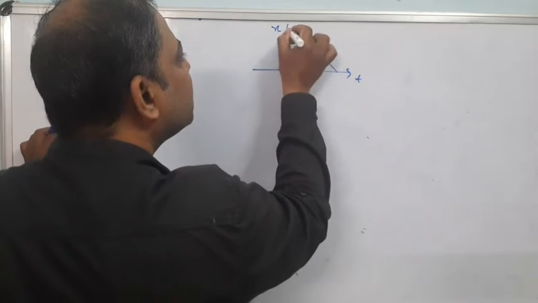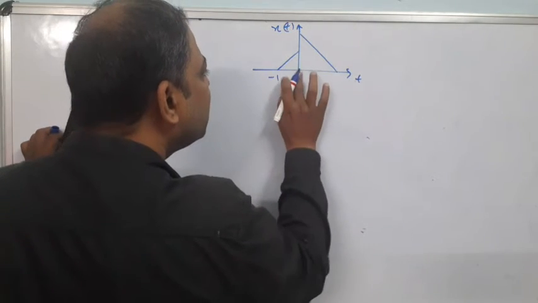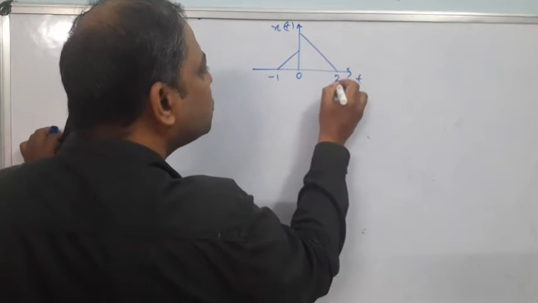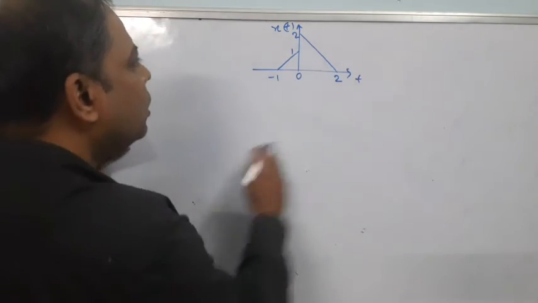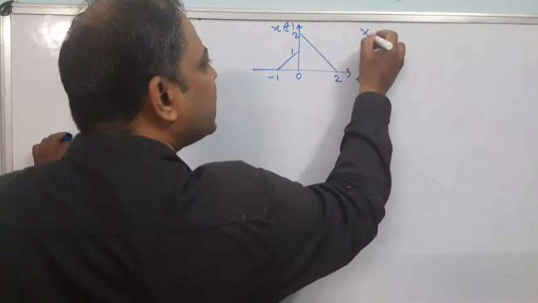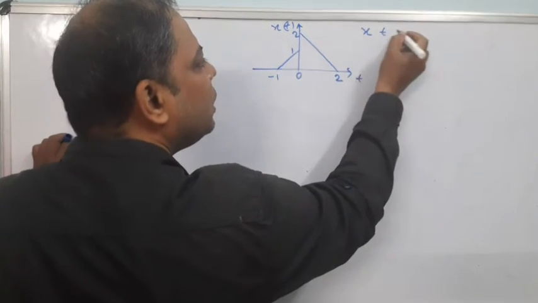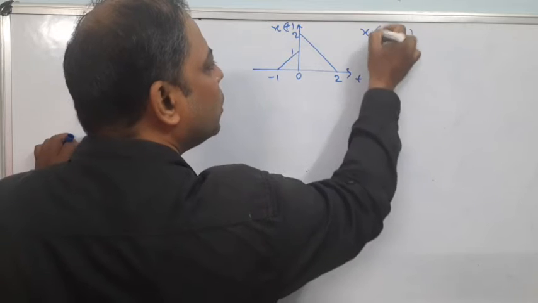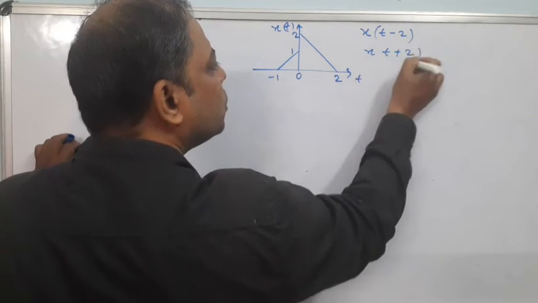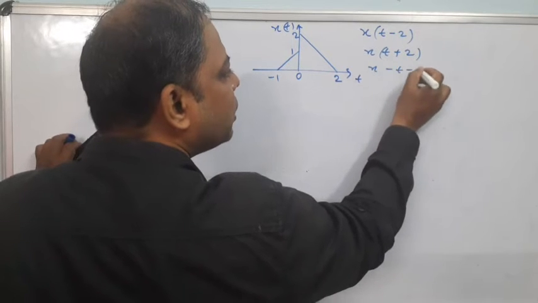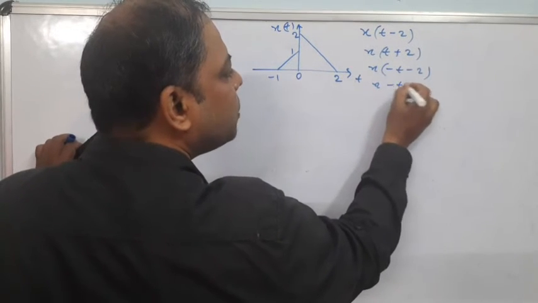This is minus 1, this is 0, this is suppose 2, this is 1, this is 2. Now you have to sketch x of t minus 2, x of t plus 2, x of minus t minus 2, x of minus t plus 2.